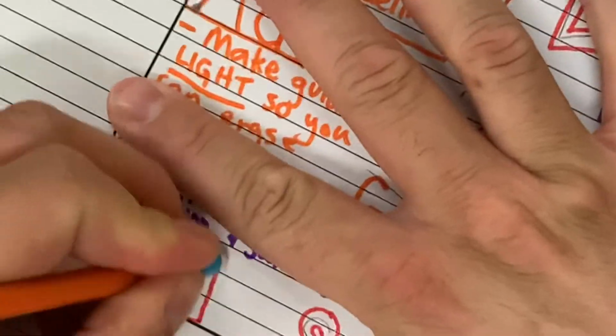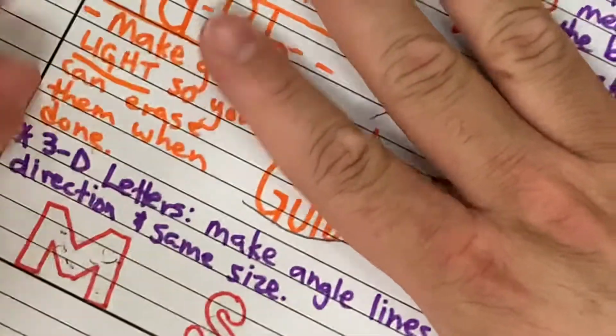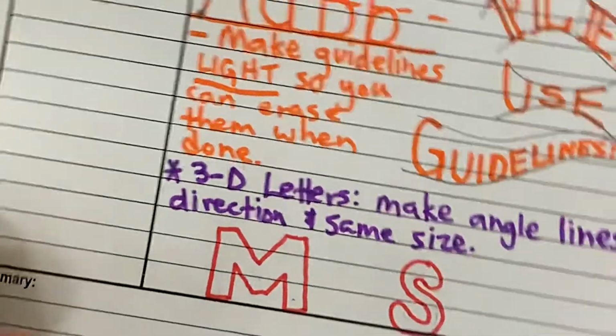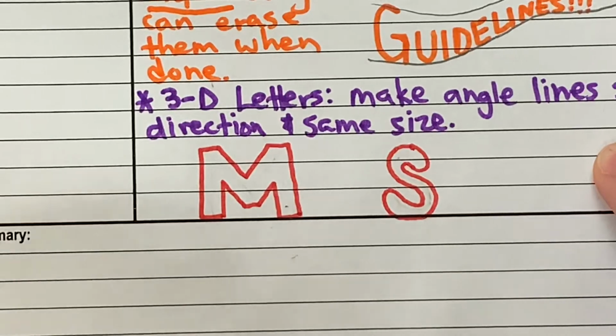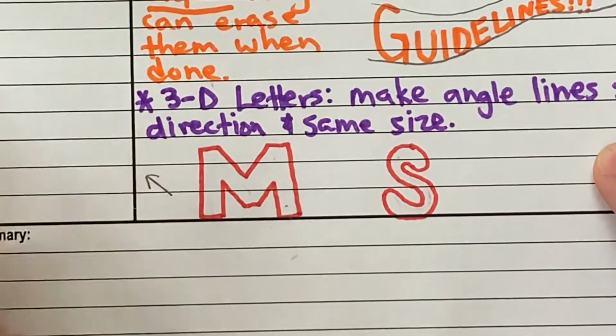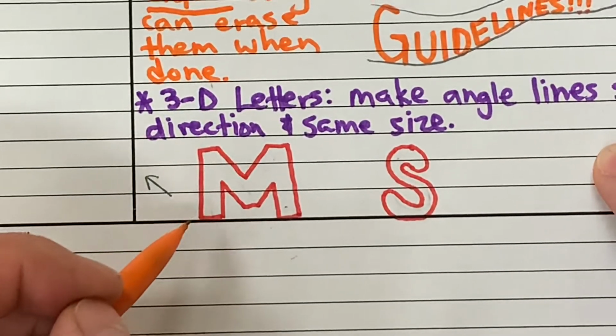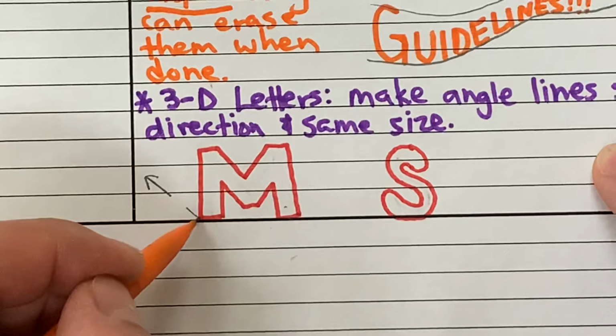So whenever you add a 3D effect, and I'm gonna go ahead and erase my bone so you can see this. Whenever you make angle lines, you gotta figure out what direction you want the 3D effect to go in. For the M, I'm gonna go top and to the left. So that means, depending on what thickness I want, boom, I'm gonna do an angle line that way.